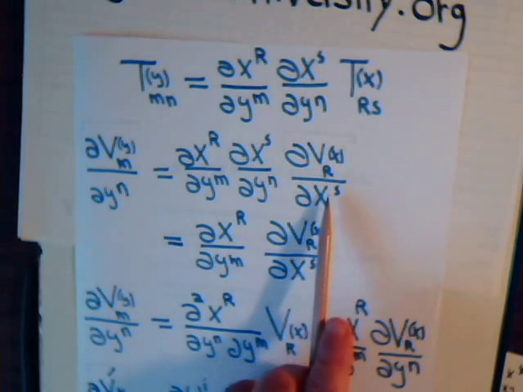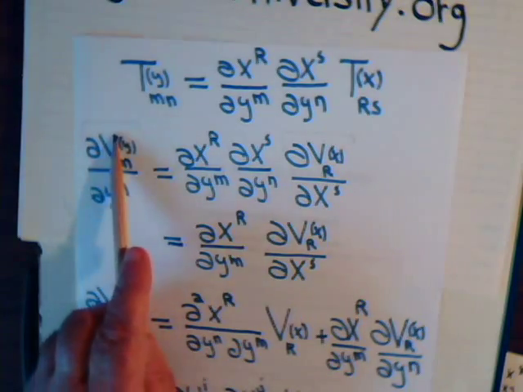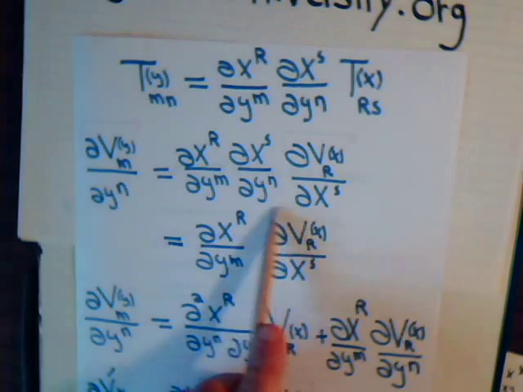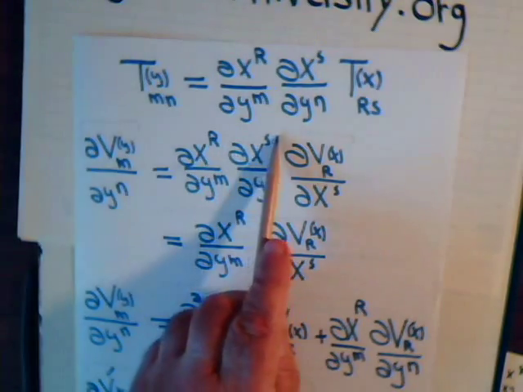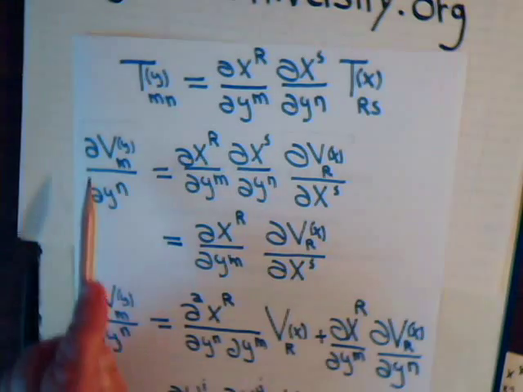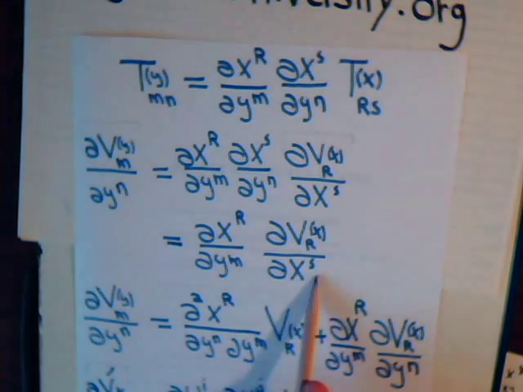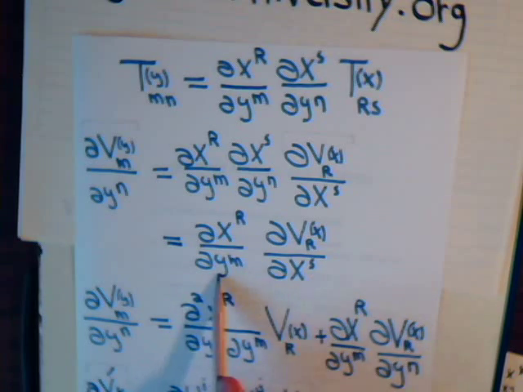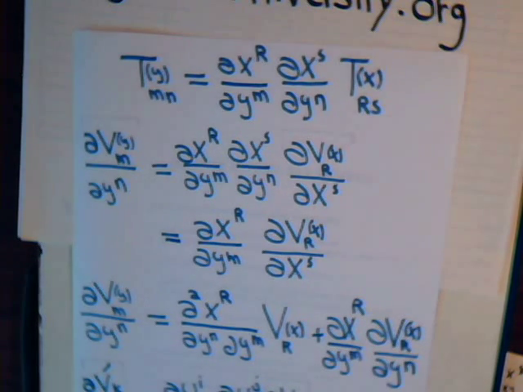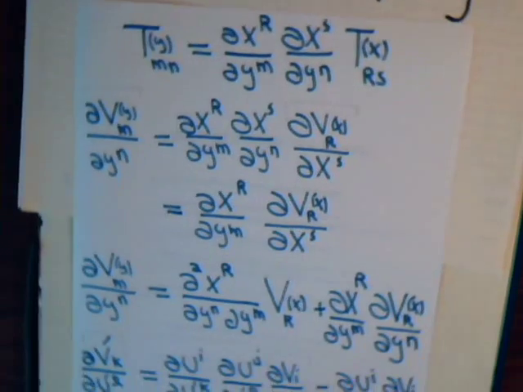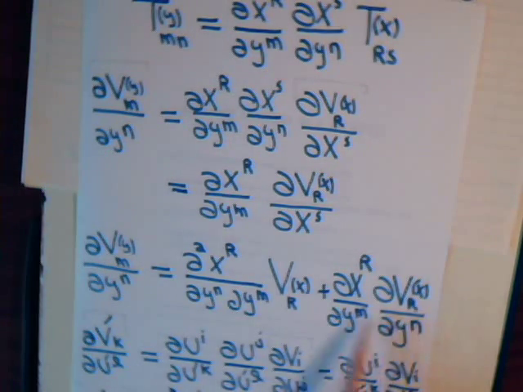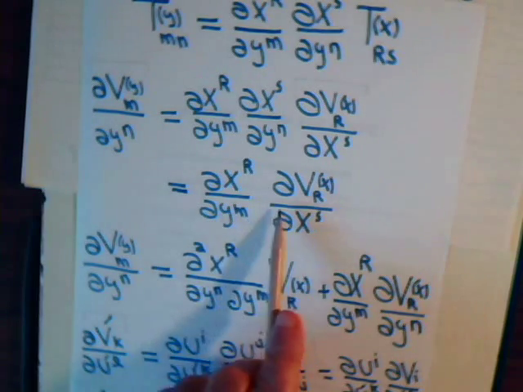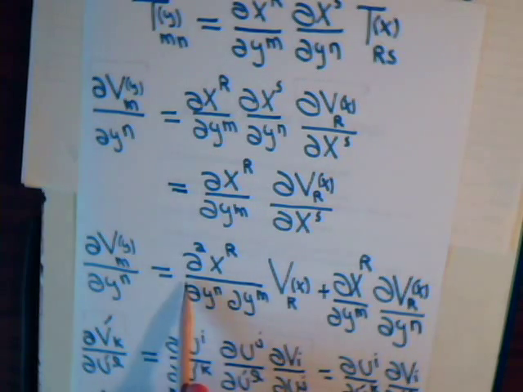If these are the components of a tensor, then they should transform according to this set of equations. This and this cancel, so this partial derivative should be equal to just this simple expression. But what we found in video number 22 was that these partial derivatives transform according to this equation, where we had this term, but we picked up this extra term here.